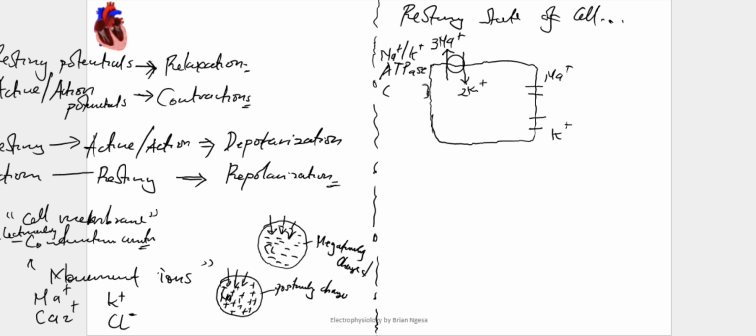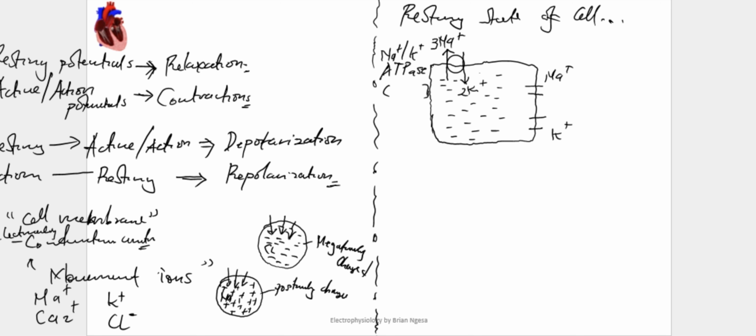So if you take the net difference, we are likely to be losing 1 positive, because if you give out 3 and take in 2, you've lost 1. So in the process, what happens? Our cell is likely to be more and more negative as this exchange is ongoing, because for every single exchange we are losing positives, and every time you lose positive, you will be remaining with negative.